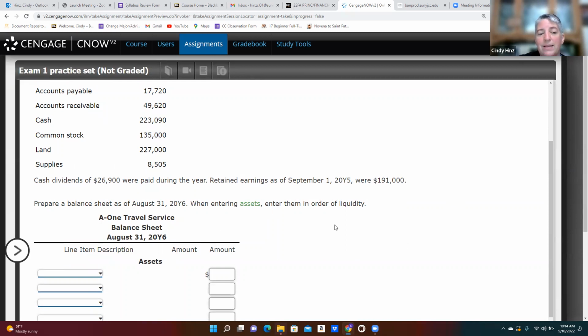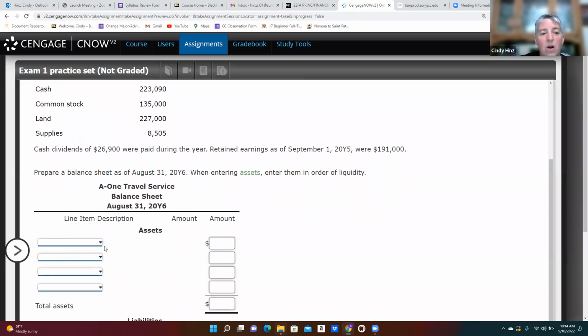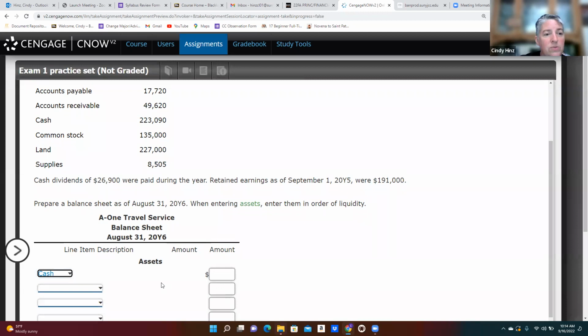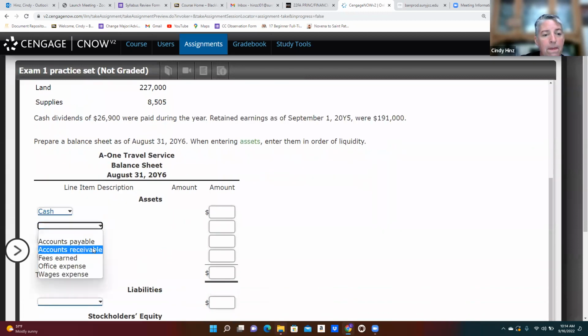We know that the assets need to be listed in order of liquidity. So thinking about the assets that we have on here: cash, accounts receivable, and supplies. Cash is always going to be the first. We have accounts receivable and supplies.